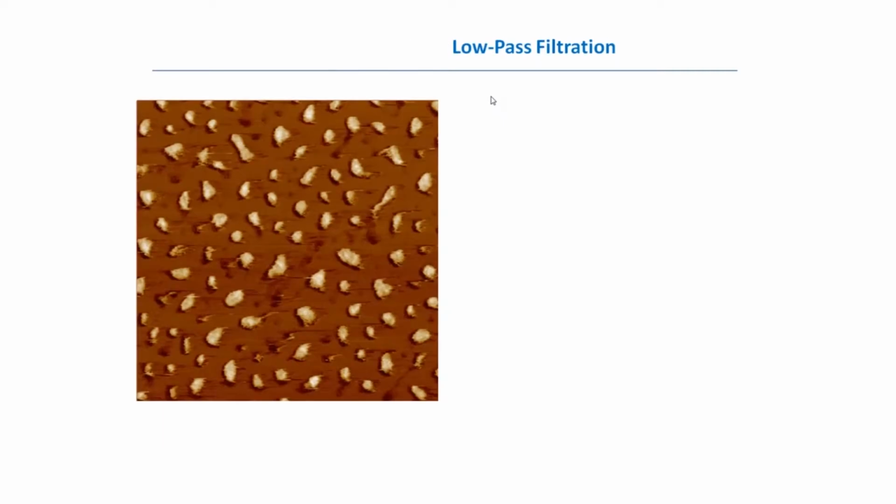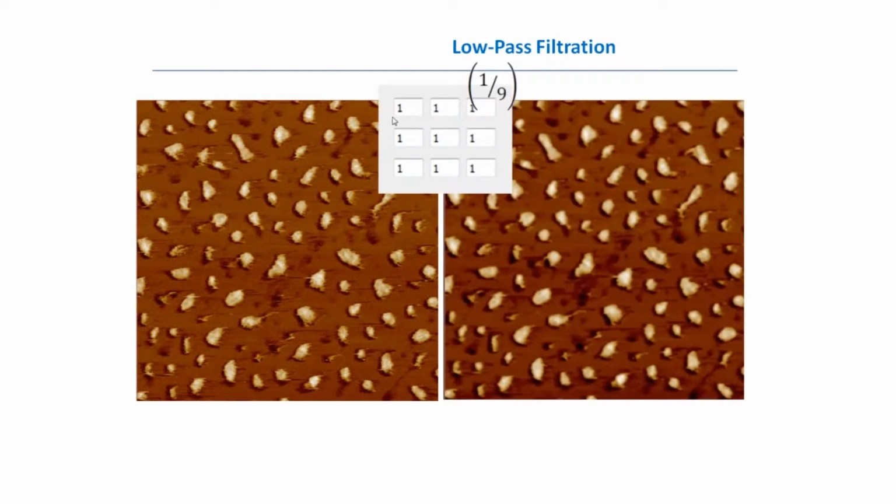So first of all, a few words about low-pass filtration. Here you can see the image, which has nice features, but also high frequency noise in it. We want to use filtration to eliminate this high frequency noise. So if we apply a smoothing filter, which has a kernel matrix looking like this, what does this matrix mean?